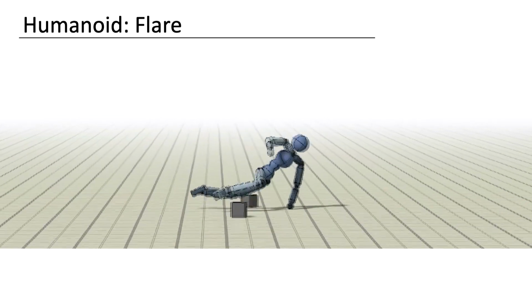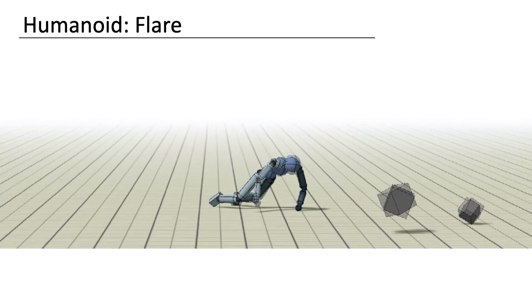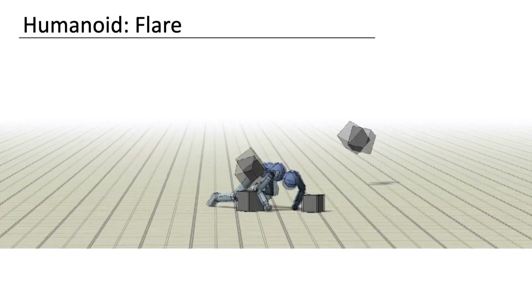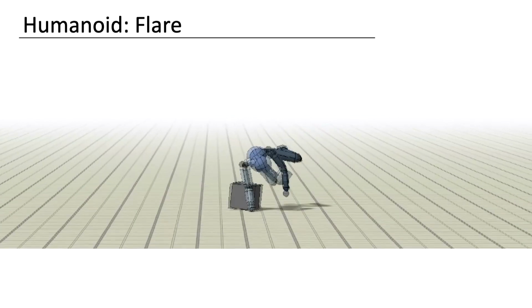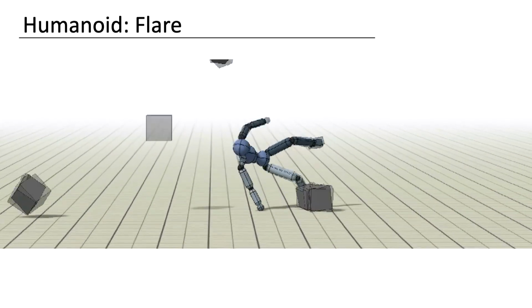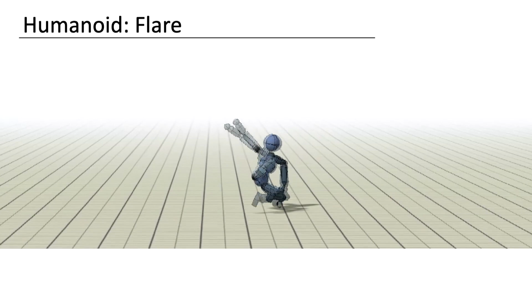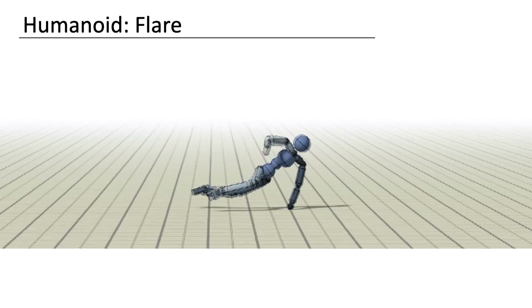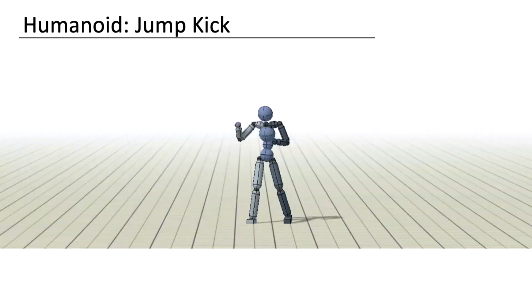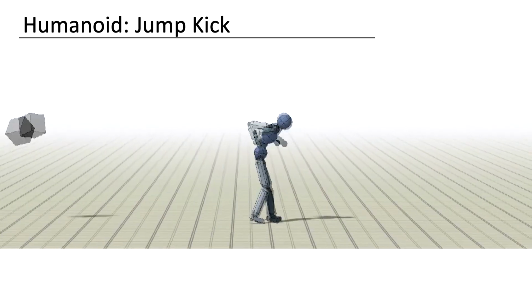Okay, so the thing to note here is that the character is not limited to just playing back the same motions over and over again. So in this case, we can perturb the simulated character, and it's able to adjust its movements in order to recover from these perturbations. Here's the character practicing some kicks.